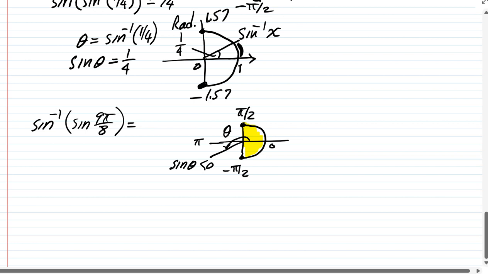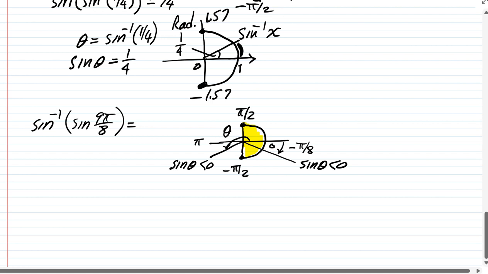So there you go. Sine theta has to be negative because we're in the third quadrant. Well, how can I get negative for the inverse? That means I cannot go in the first quadrant because there sine is positive. So I need to go to the fourth quadrant to get an equivalent value for sine. All right. Therefore, the measure of the angle is going to be negative pi over 8.